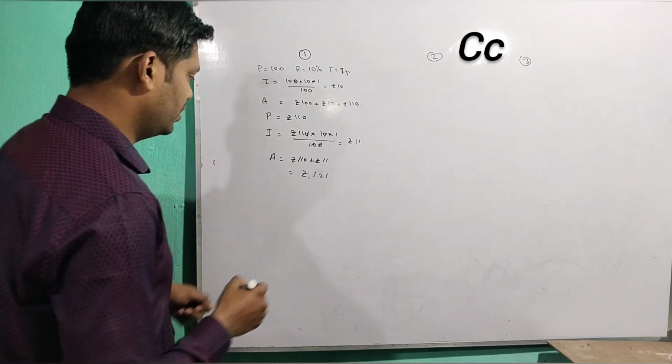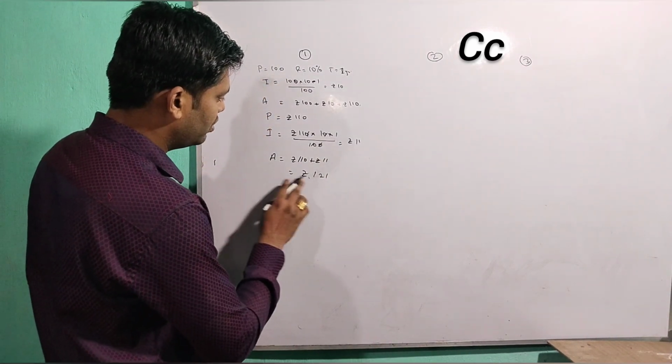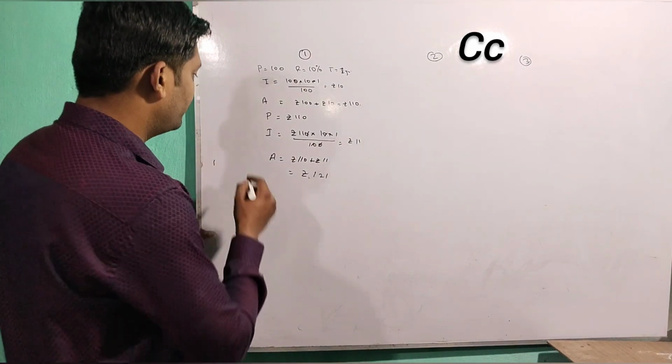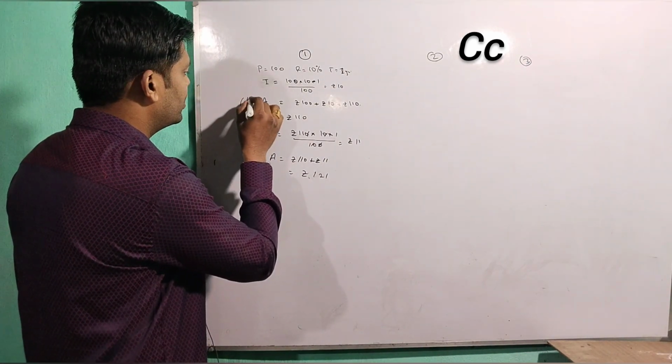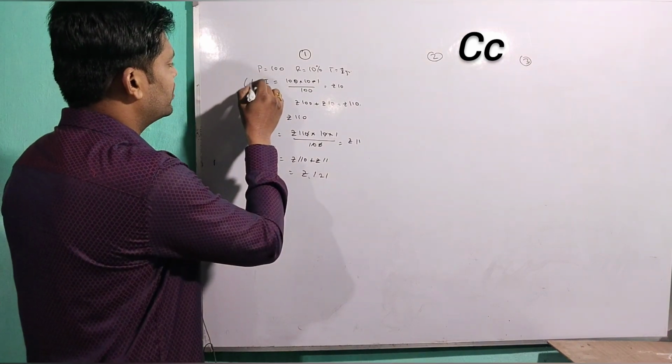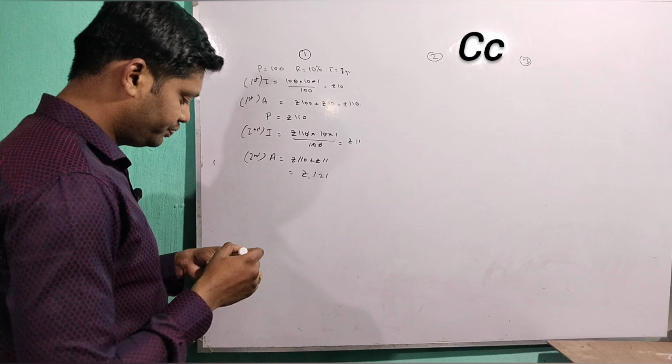This is the amount for the second year, and this is the amount for the first year. This is the interest for the first year, and this is the interest for the second year.